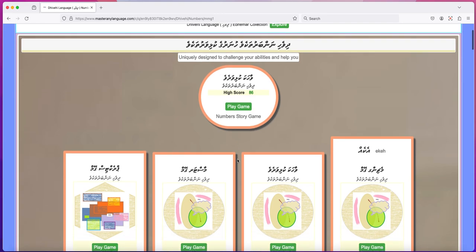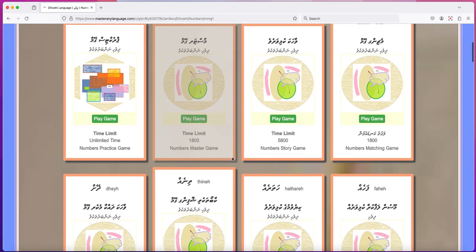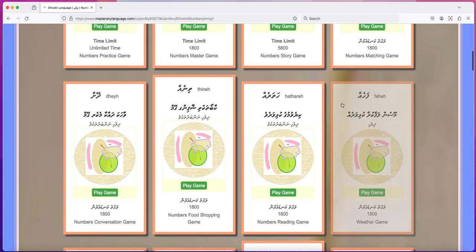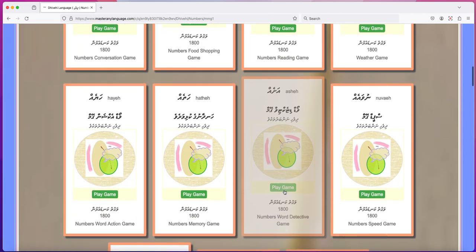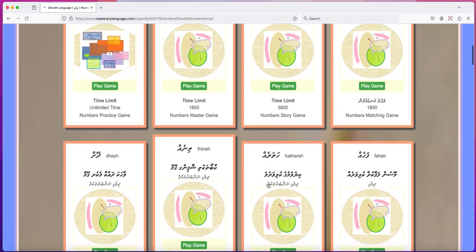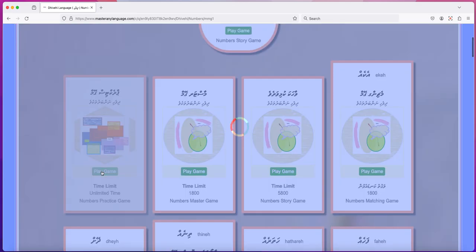All right. And then in numbers, you'll see different kinds of numbers games you could be playing. Master story, you could do matching, reading, weather, memory, speed, etc. But we're going to go to the first one here, the numbers practice game.